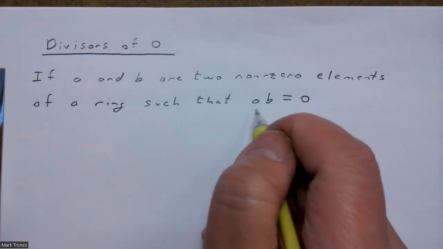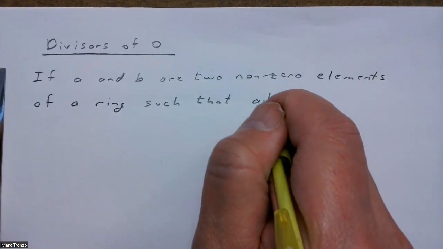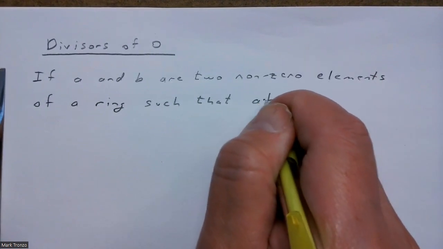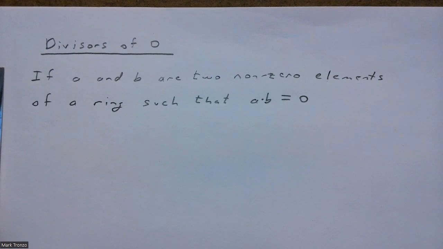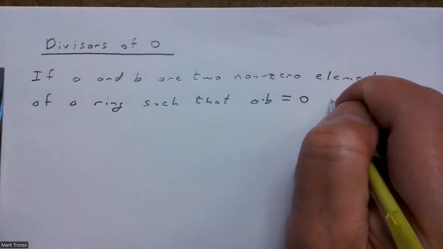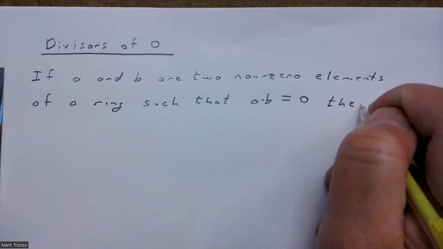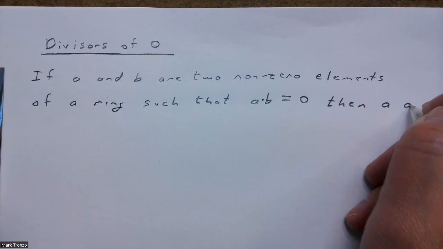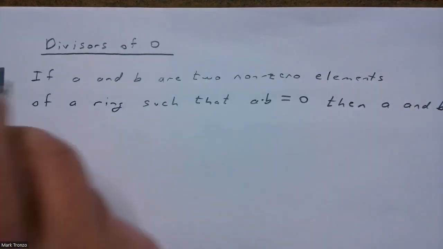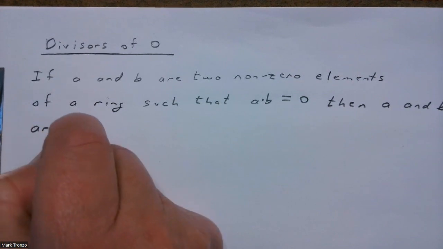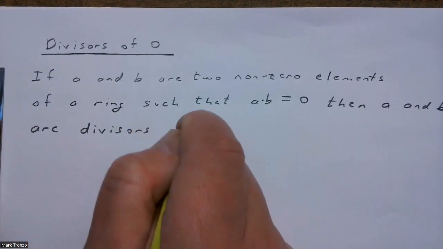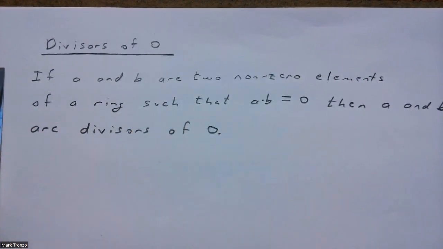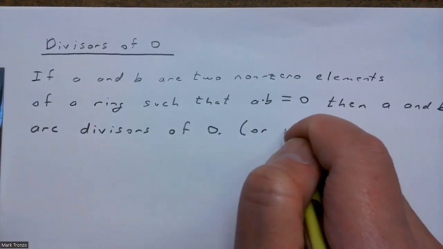And again, whenever there's no operation written, usually you assume it's the second operation, like multiplication, for example. So if you have two non-zero elements of a ring such that the product is 0, then A and B are divisors of 0, or 0 divisors.